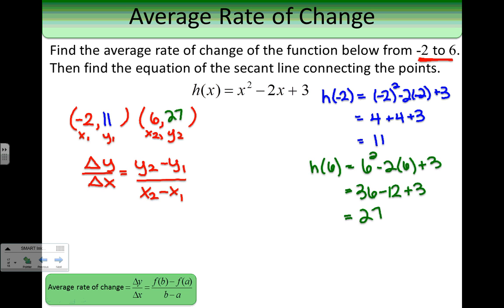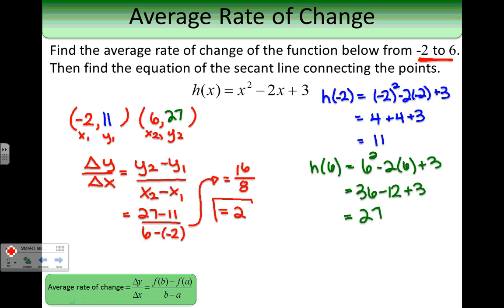Plug that into our slope, and we get 27 minus 11 over 6 minus -2, which gives me 16 over 8, which is equal to 2. So my average rate of change from -2 to 6 would be 2.